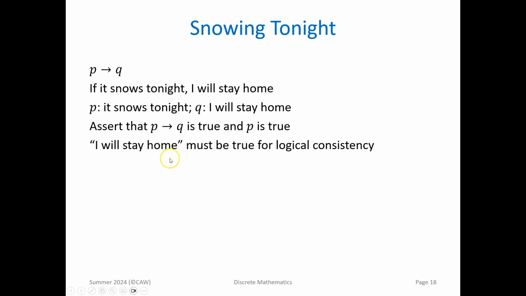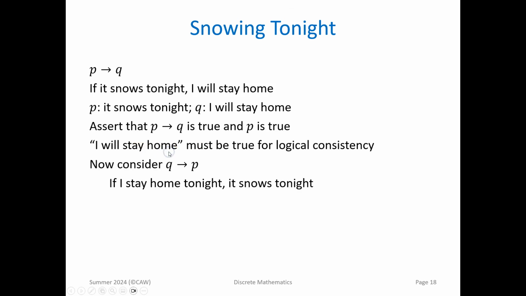If we do that, I will stay home, Q, must be true for logical consistency. Remember, the essence of the form tells us that if we assert P then Q and assert P, then we must assert Q, which would tell us I will stay home.